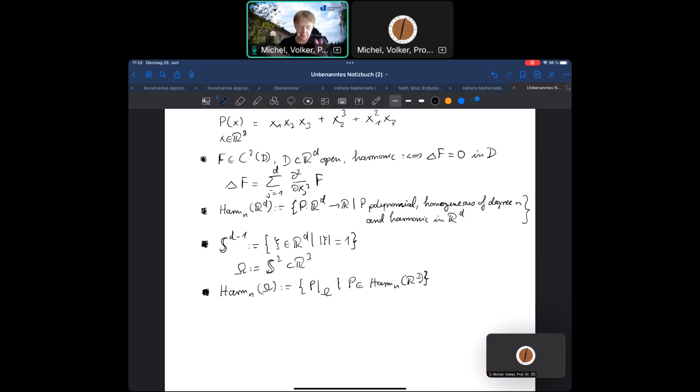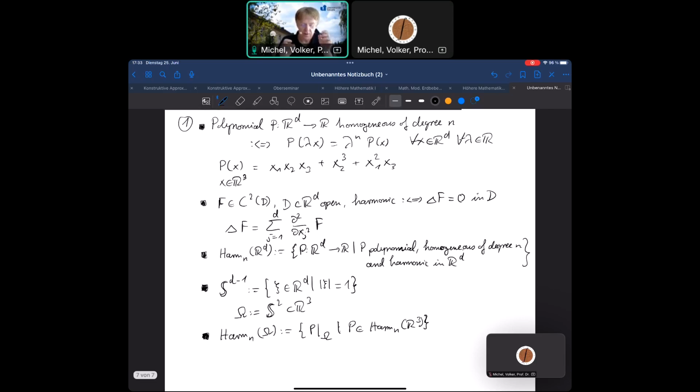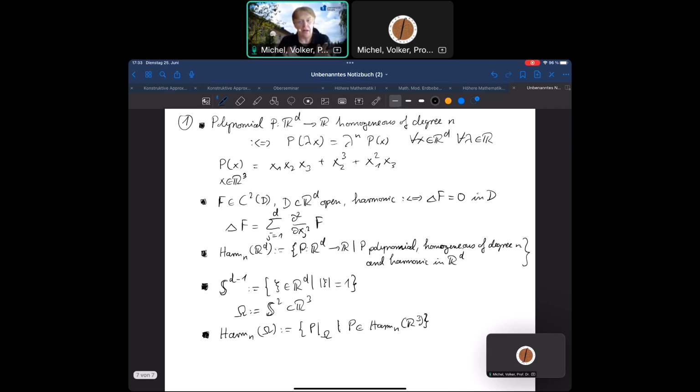So we take everything in our Harm_n(R3) and we restrict these functions to Omega, so we only consider them on the unit sphere in the end. So it's the set of all homogeneous polynomials of degree n which are harmonic in R3. And after that, we restrict them to the unit sphere. We only consider them on the unit sphere.